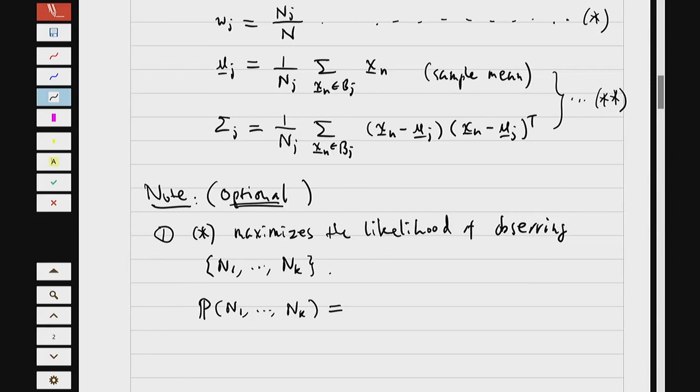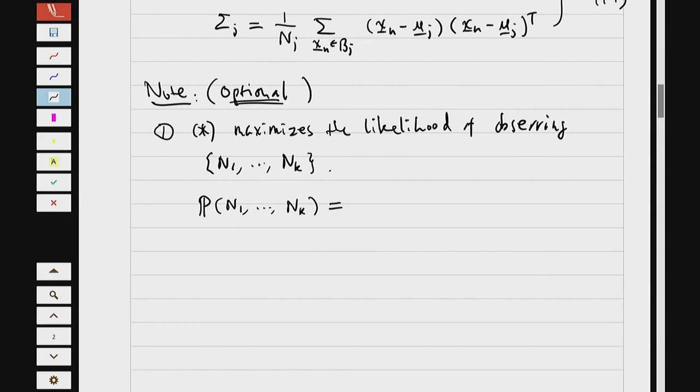Just as a reminder, the binomial distribution says that the probability of having L points out of n is n choose L times p to the L power times 1 minus p to the n minus L power.